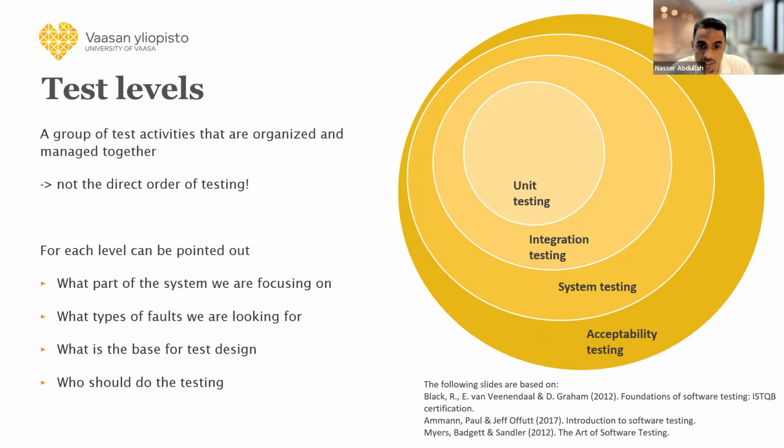So the first level is the unit, and then we go to the next one, which is integration. We have many units, and integration testing means we test the integration between them. Then we test the system as a whole. After that, we do acceptance testing, which focuses on the user end.